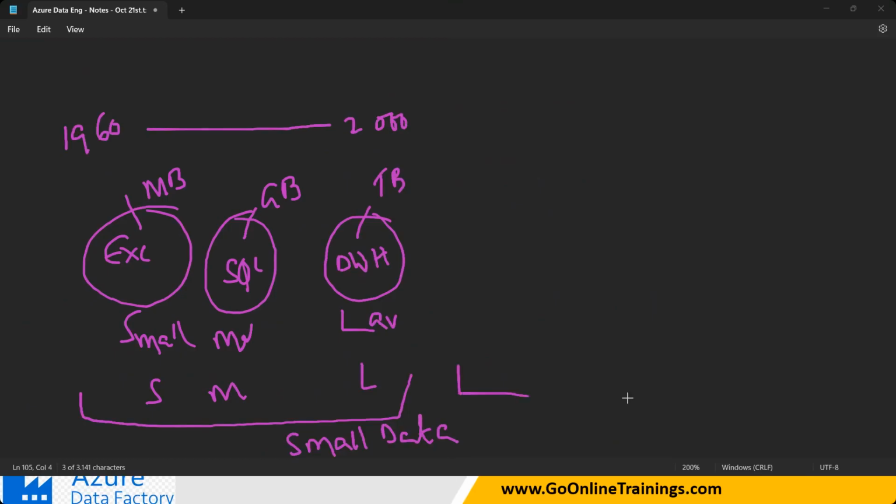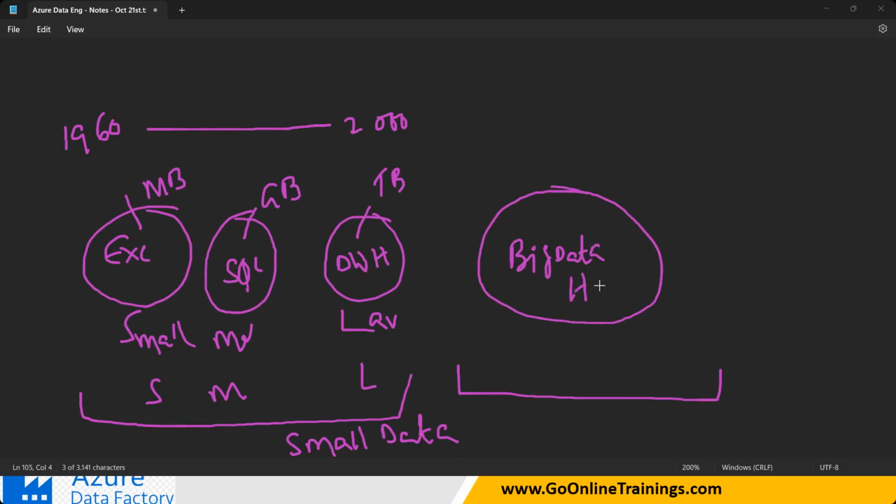So afterwards, a lot of data started coming in, and a special system got created. The system is called big data, right? You can say big data, or people say big data Hadoop. Clear? Small data, now we're talking about big data, right?